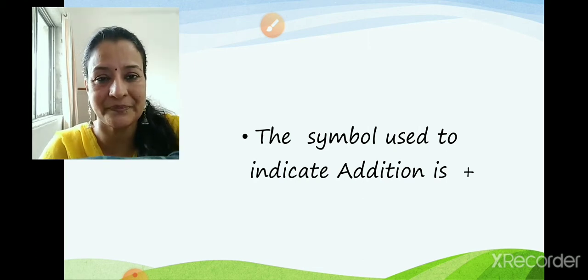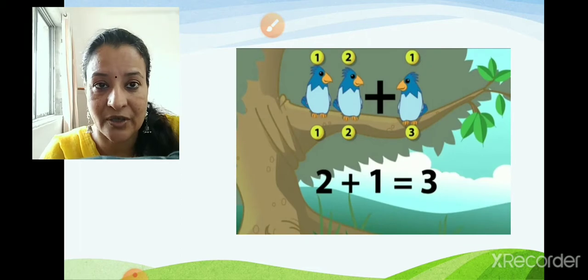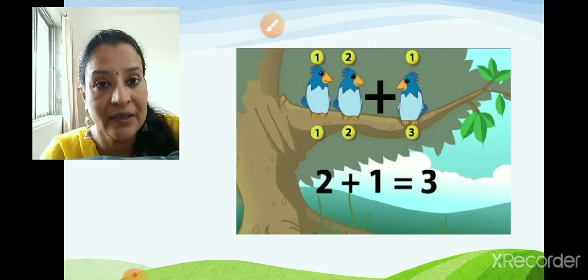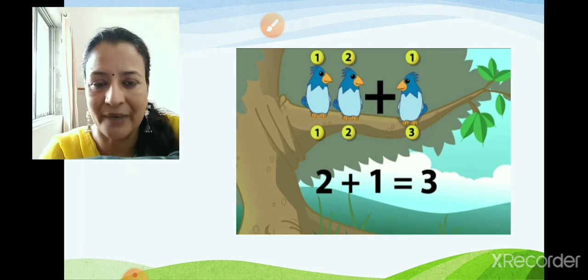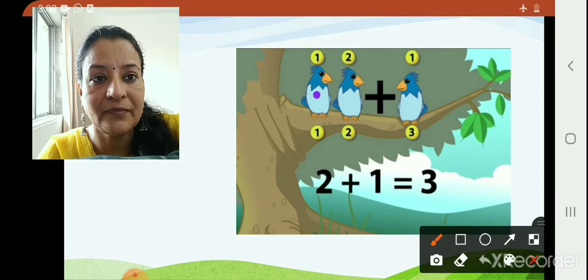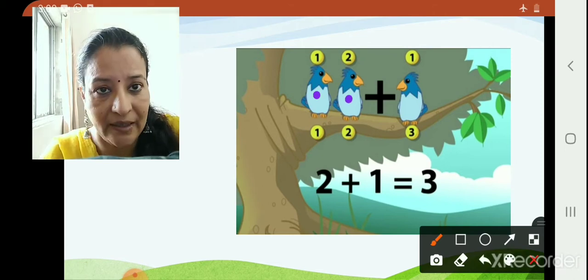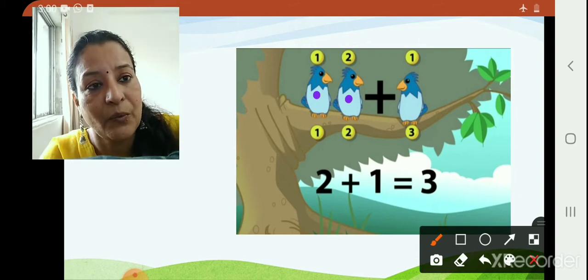Okay. Now we will do a quick revision of addition using symbols, pictures or balls, whatever you call it. Now here you can see two birds, 1 and 2. Plus sign you can see, yes, and one bird.